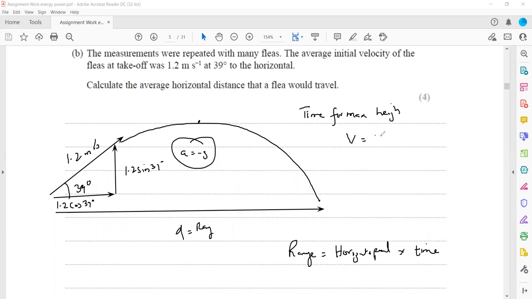So v equals u plus at. v is 0, u is the initial velocity, which is 1.2 sin 39, minus 9.81 times t. So t will be equal to 1.2 times sin 39 divided by 9.81. This will give you the time the flea will take to reach the maximum height from the original position.